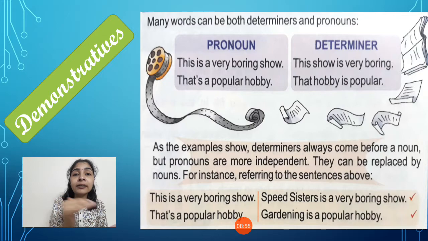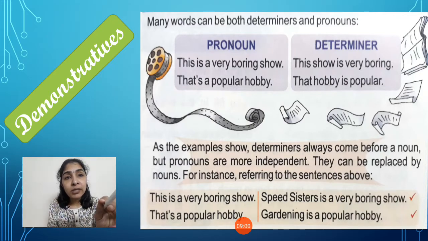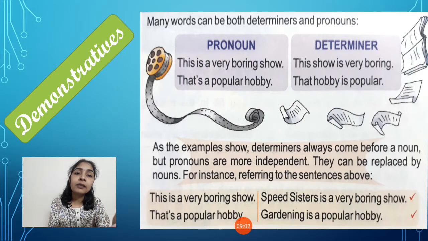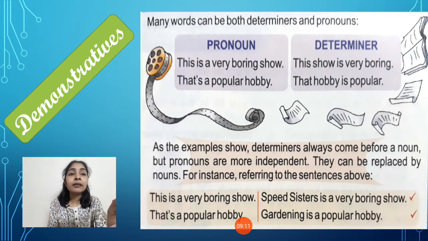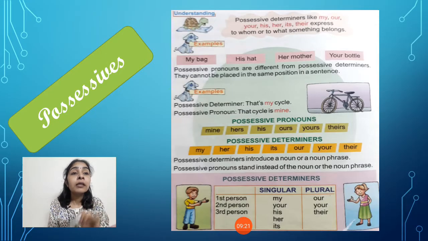So here that is replacing gardening, so it is being used as a pronoun, while in the second case it is being used as a determiner. The best and simplest way to find it out is to see whether it is being followed by a noun. When you find this out, it will be very easy to differentiate between where it is being used as a pronoun or as a determiner.